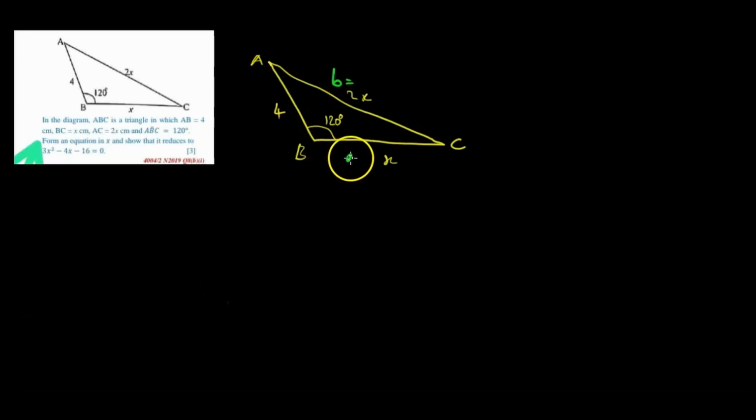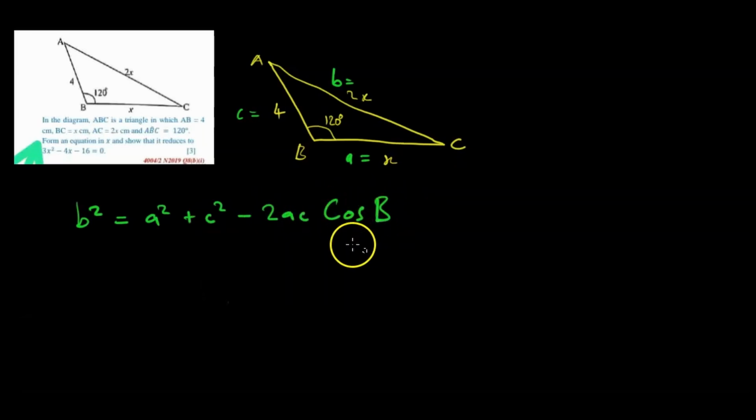So a is small letter a equal to x and c is equal to 4. So in applying the cosine rule, we say b squared is equal to a squared plus c squared minus 2ac cos b, like this. Having done that, let us now substitute.